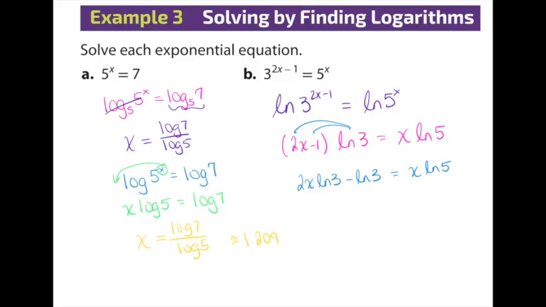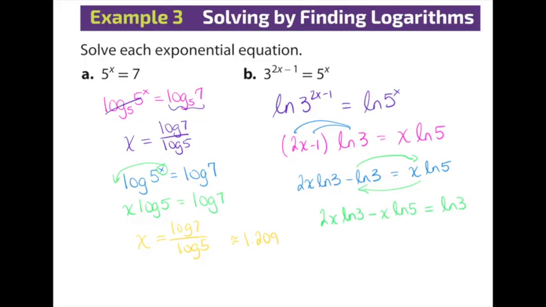All right. So then I want to get all of my variables on one side and all of my non-variables on the other. And probably just because of the negatives, they moved this guy over here and that guy over there. So we have 2x ln of 3 minus x ln of 5 equals ln of 3. All right.